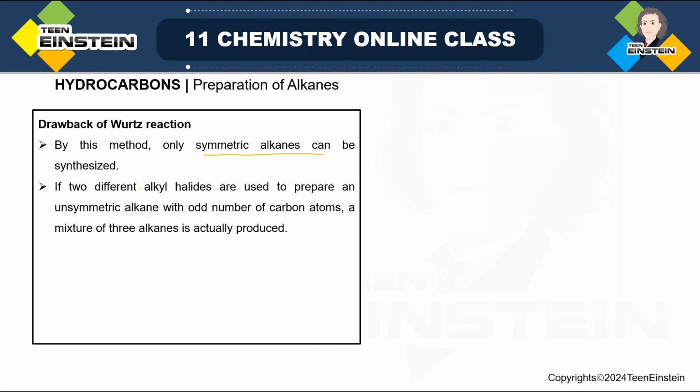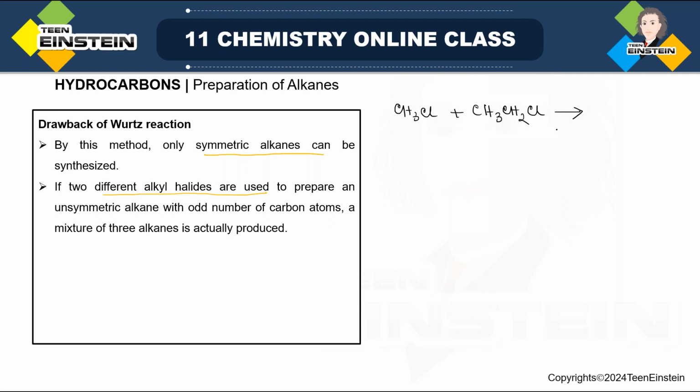Then why we cannot make unsymmetrical? The reason is, if you take two different alkyl halides to prepare unsymmetrical alkane, now there will be an odd number of carbon. So we can take simply CH3Cl, and you can take another, CH3CH2Cl, and obviously in presence of sodium.